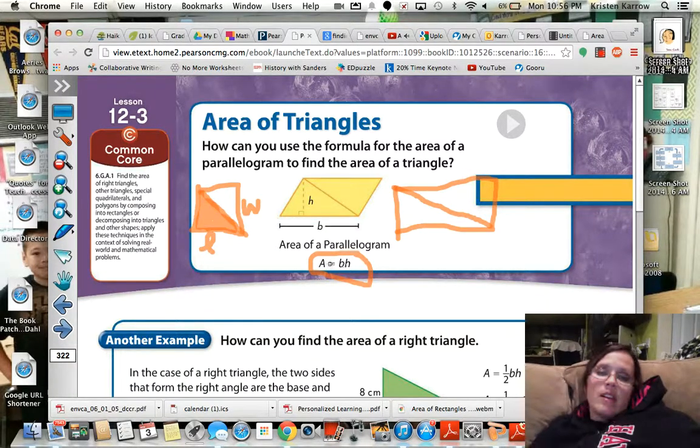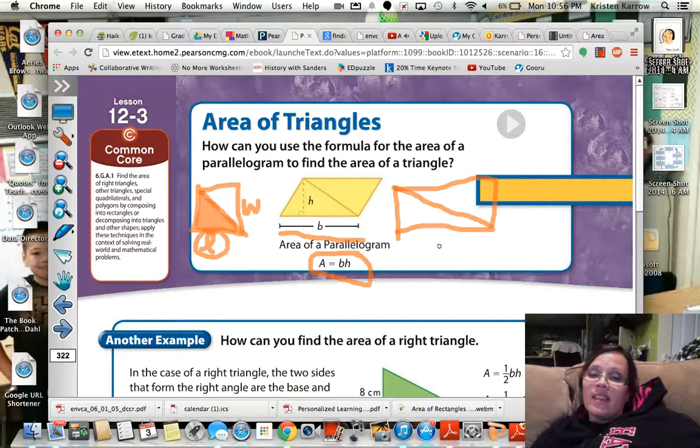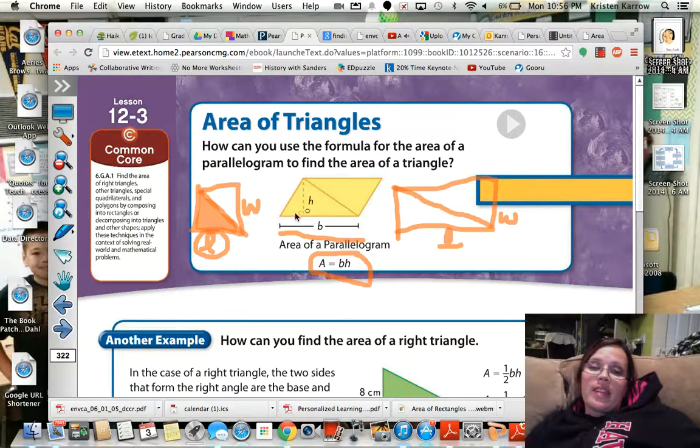Now, when we're talking about a parallelogram, the base takes the place of the length that we were discussing when we were talking about rectangles. So now we're going to have the base, and since a parallelogram is slanted, that's why we're not necessarily talking about the length, but we're talking about what the parallelogram is sitting on.